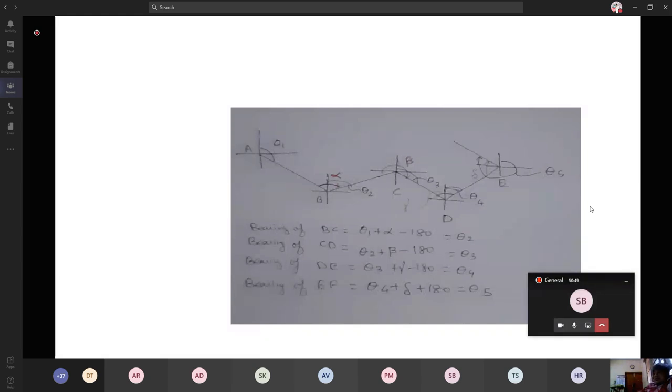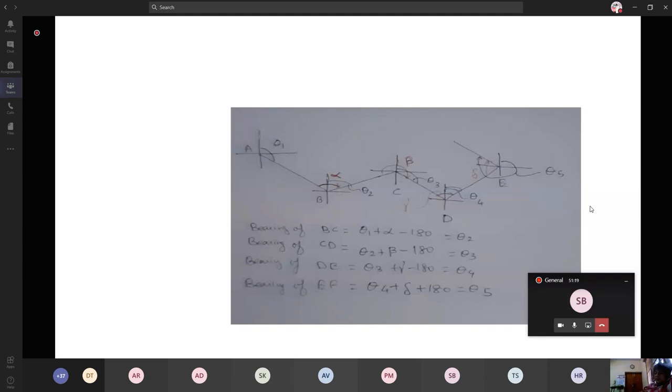So to get the bearing of the next line, forebearing of the previous line plus the included angle, if it is more than 180, subtract 180 to get the bearing of the next line.